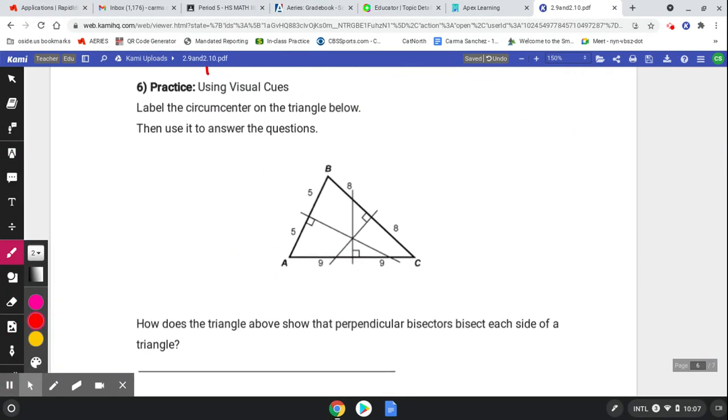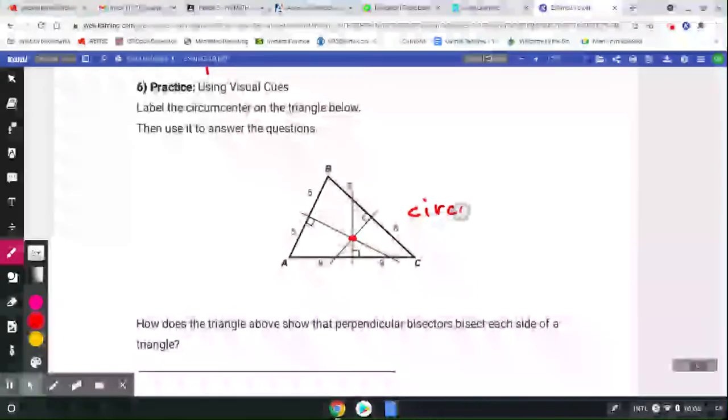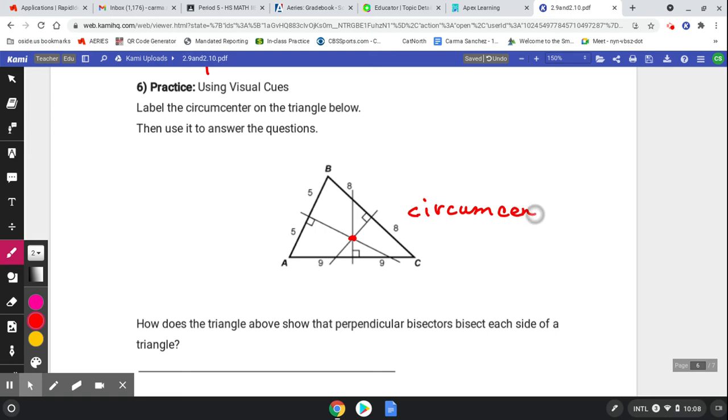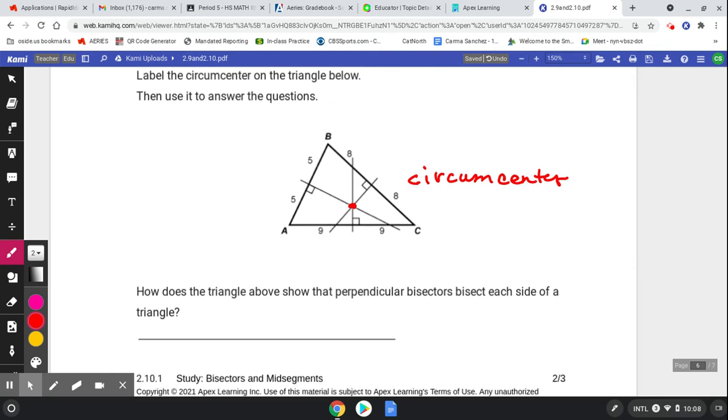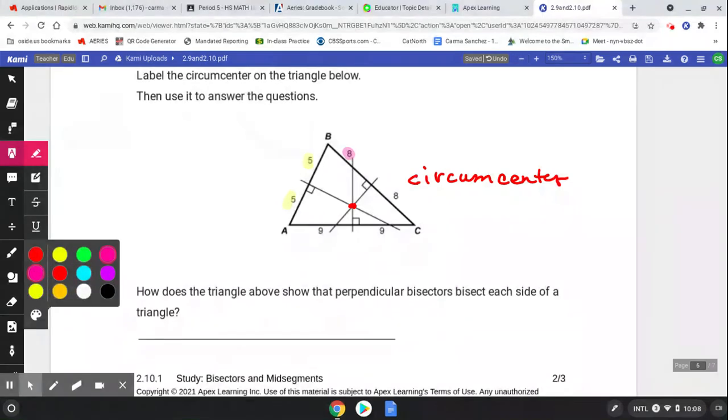Okay, label the circumcenter. And how does the triangle above show that the perpendicular bisectors bisect each side? And so we're going to say, see how this is a 5 and this is a 5, and this is an 8 and this is an 8, and this is a 9 and this is a 9.